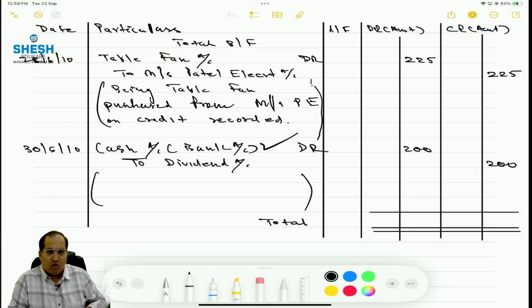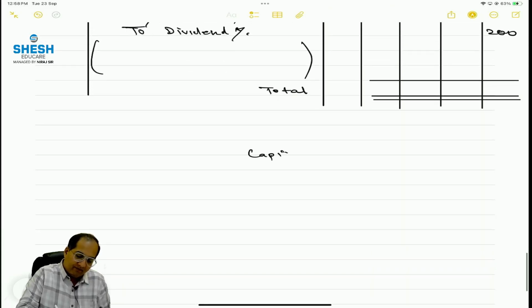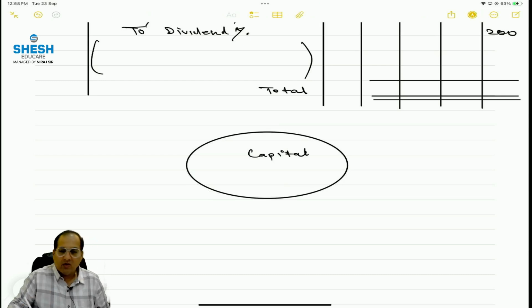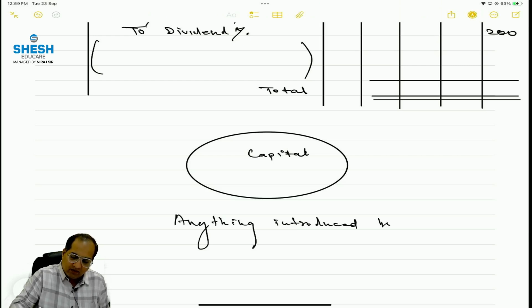In question number 4, page 32 of our textbook, we are basically trying to understand the concept of capital. Capital means anything introduced by the owner into the business.